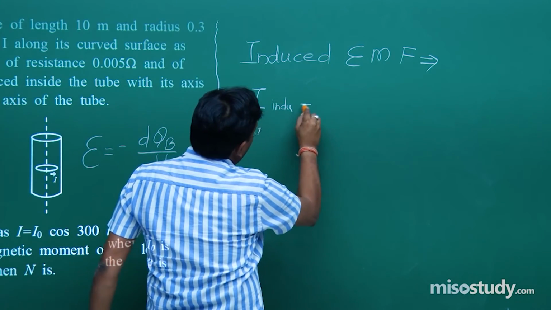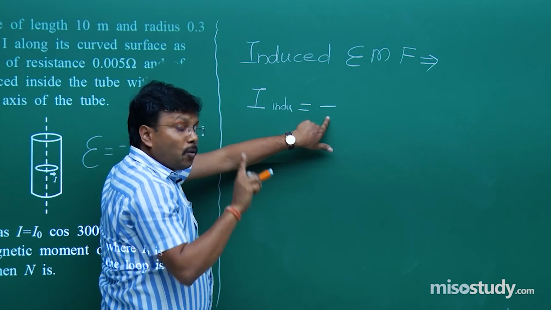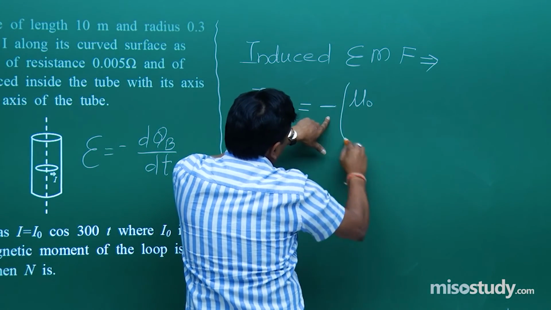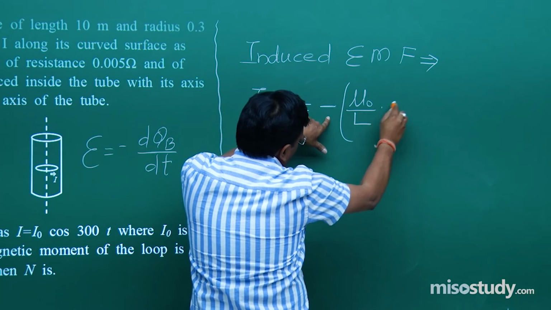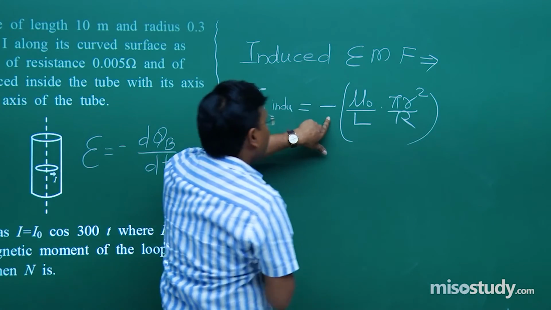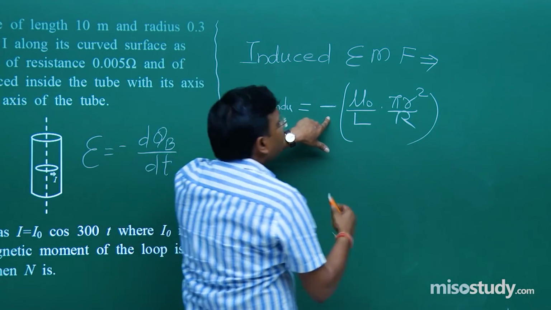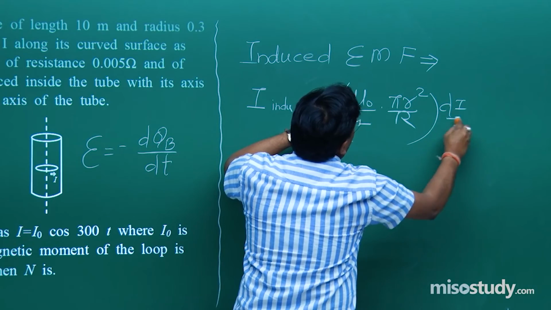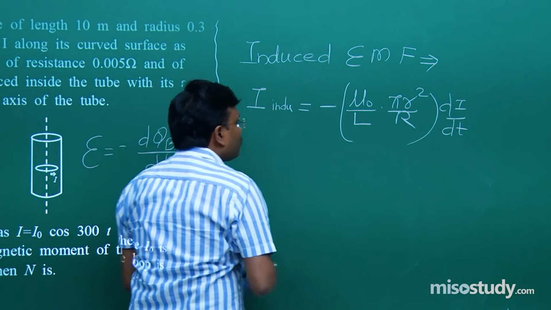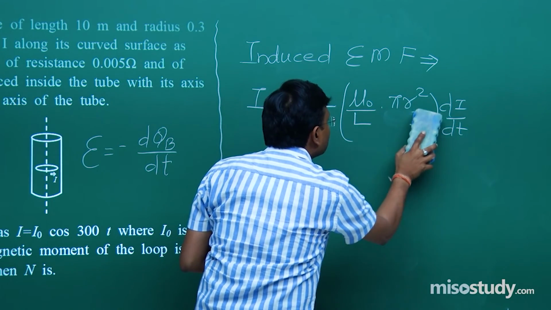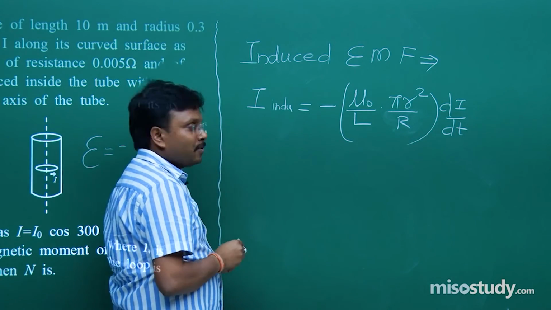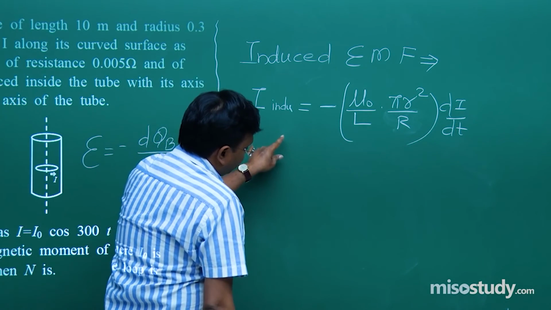So it is minus, and the value of B, that is mu naught upon L into pi r square upon R, and that is dI by dt. Simply putting the values, nothing else. Now this is the value of the induced current.